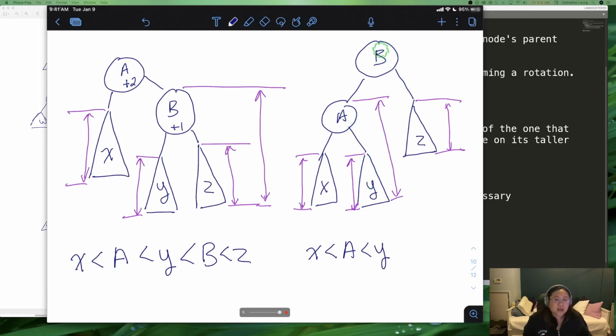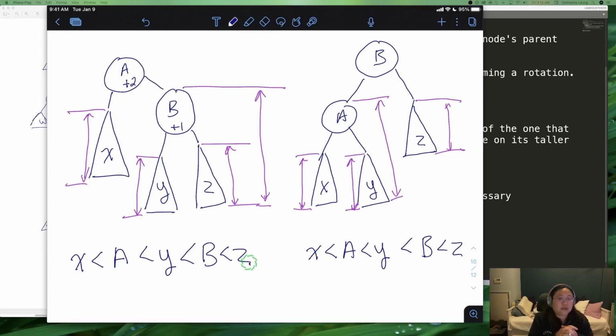B has to be bigger than A because A is to B's left, right? So A must be smaller than B. And finally, Z must be bigger than B. So we have the same inequality for A, B, X, Y, Z in the two trees. So doing a rotation doesn't cause this to become an error.